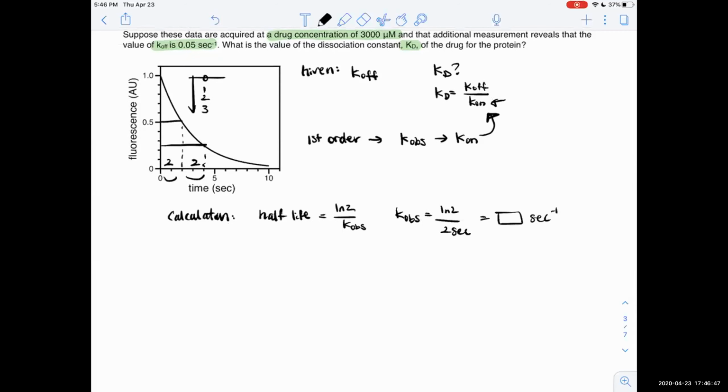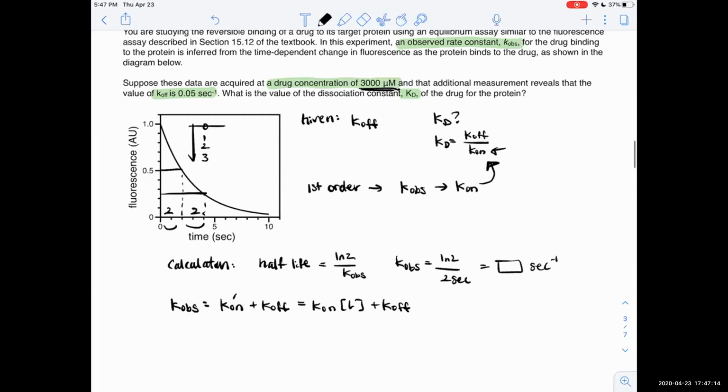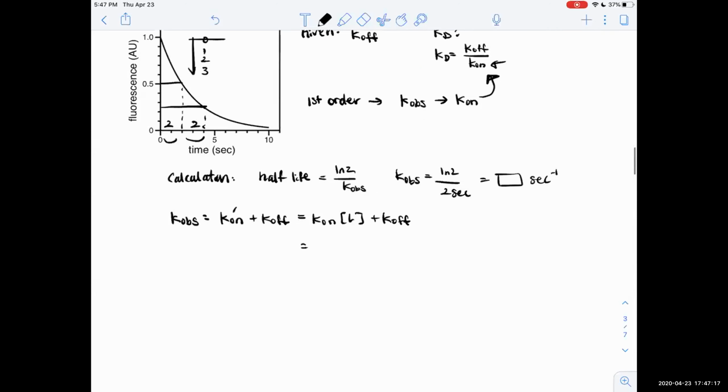And then we know the K observed is basically K on prime plus K off, which is also the same as K on times the ligand concentration plus K off. For this case, the ligand concentration is the drug concentration. And we know that the drug concentration is really high, so we assume that the drug concentration is much higher than the concentration of protein. That's the assumption we're going to go along with here. So K on times 3000 micromolar plus 0.05 second to the -1.